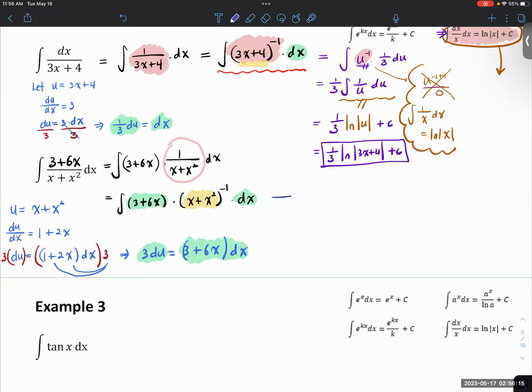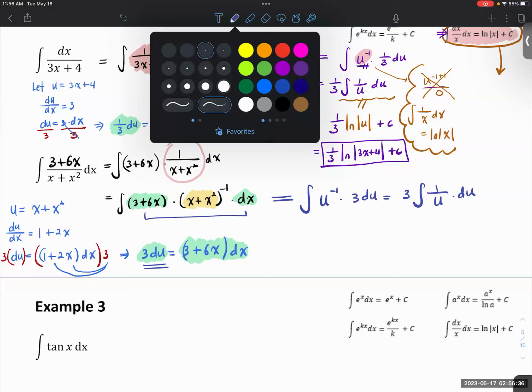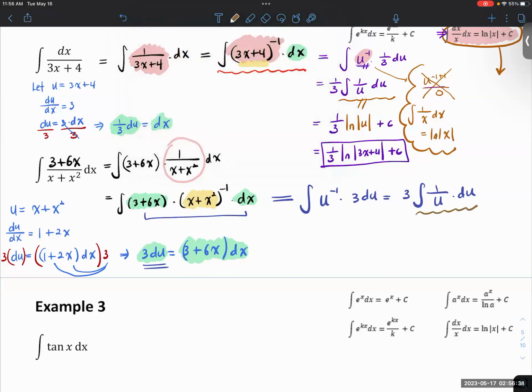So we have, in terms of u, u to the negative 1 times 3 plus 6x dx, that is 3 du. That means 3 u to the negative 1, which is 1 over u, du. Am I correct? And what do you remember? For this part, if you just take the integral by adding 1 and dividing, it's undefined.